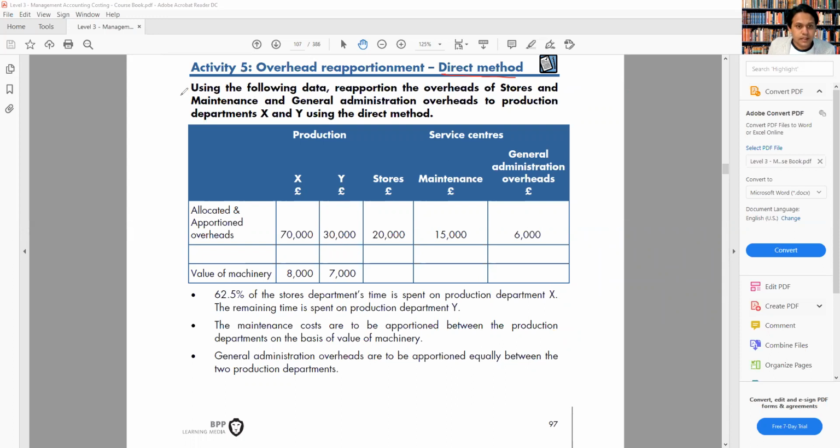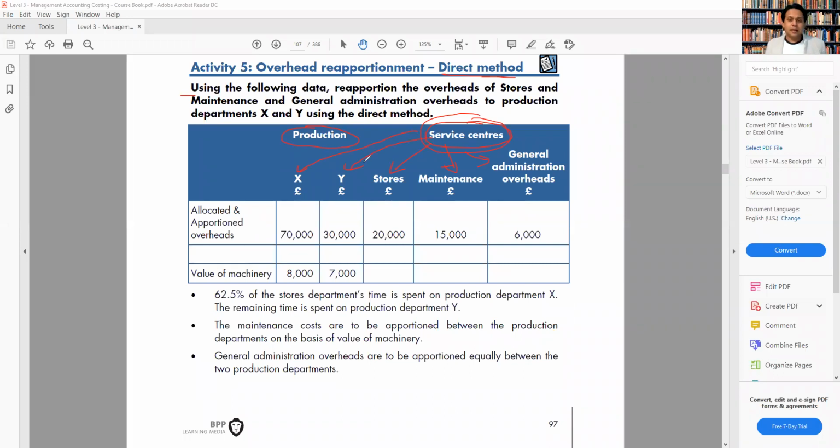So using the following data, reapportion the overhead of the store and the maintenance. We have two types of departments, production and service. What is our plan? We have three service departments: store, maintenance, and general overhead. These three service departments ultimately will move to X and Y later on.